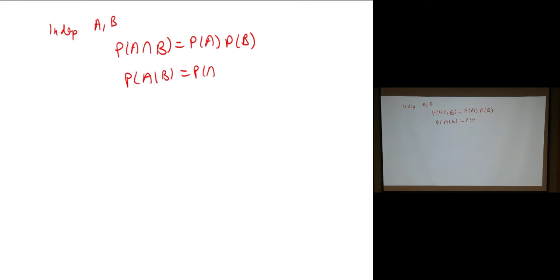Two events are independent if the intersection is equal to the product, or the conditional probability is equal to the probability with no condition. It doesn't matter whether B has occurred or not, it won't change. Then we say that A and B are independent.